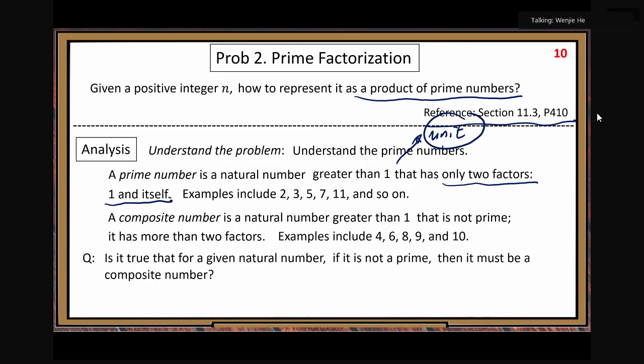True or false? Read the statement carefully. Then tell me true or false.